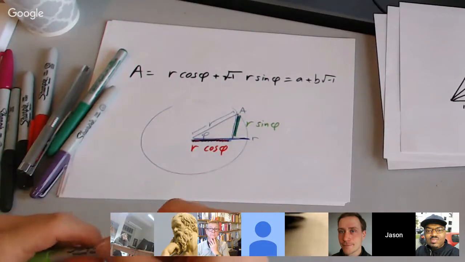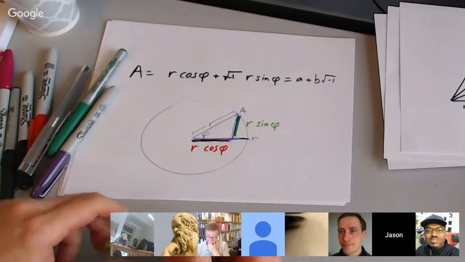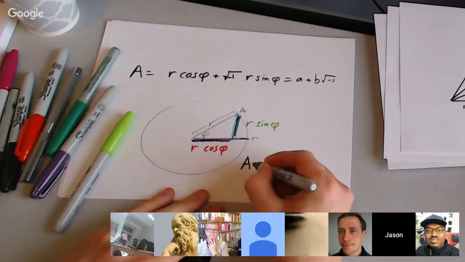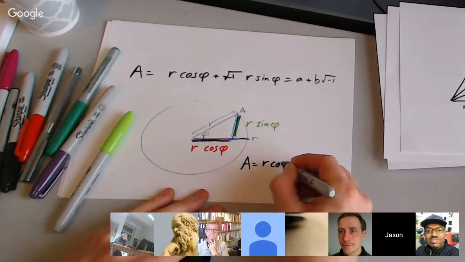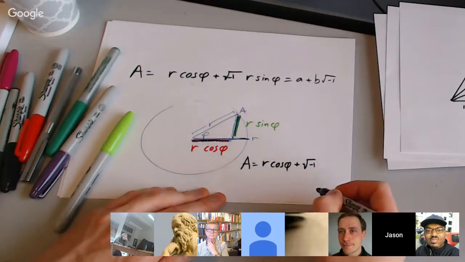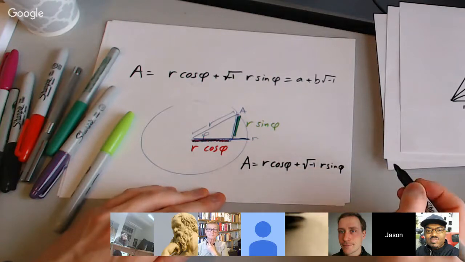If we want to include the fact that it's pointing in an upward direction, then we can say overall that A equals r cosine phi plus the square root of -1 times r sine phi.